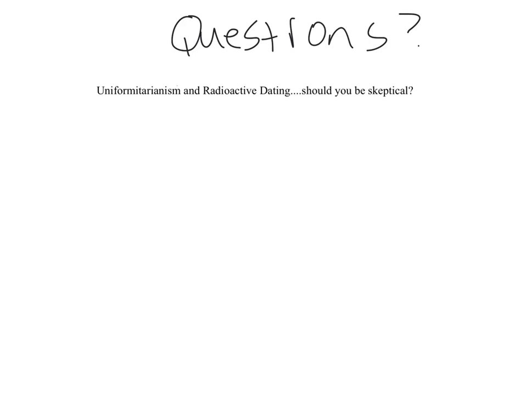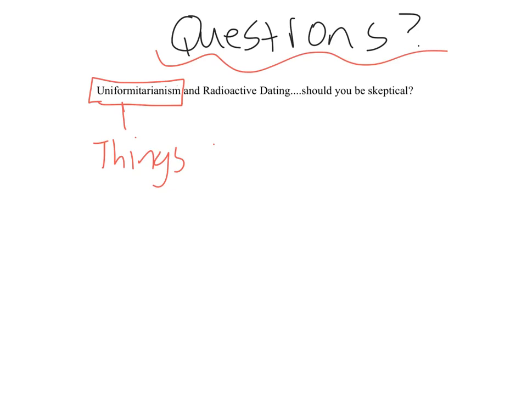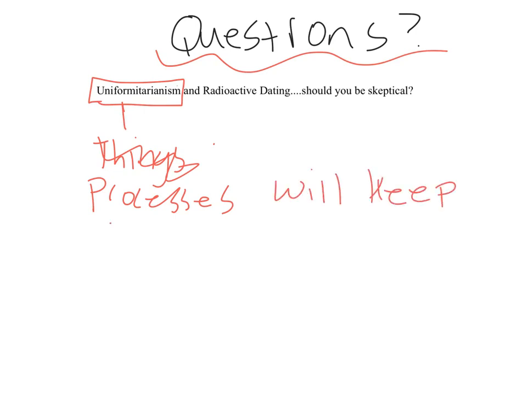So you should have some questions, okay? You really should have some questions about this, about the accuracy, and I told you I'd talk about this at the end. This is still based on this concept of uniformitarianism, which says that things should be the same throughout time, or, to be more specific, processes that occurred in the past will keep occurring the same way.